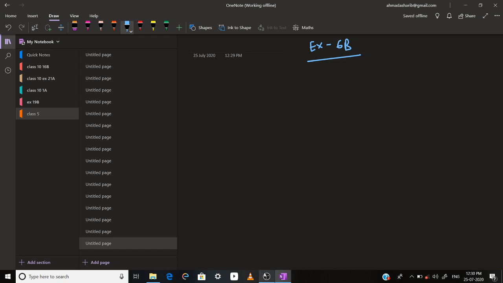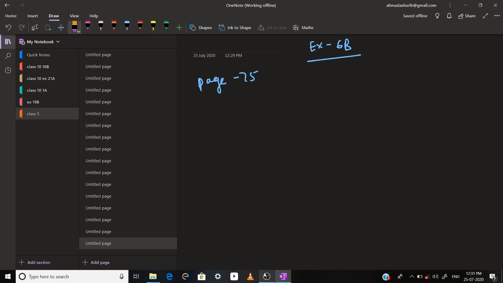Open your page number 75 in your book, and a table is given in which some numbers are circled and some numbers are crossed. The circled numbers are the prime numbers, as you can see, 2, then 3, then 5, then 7, and so on.